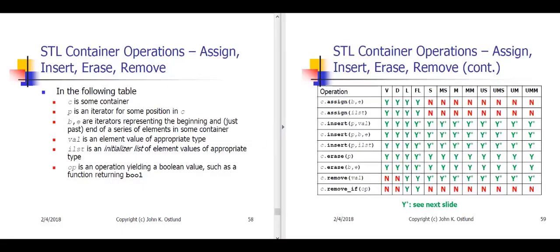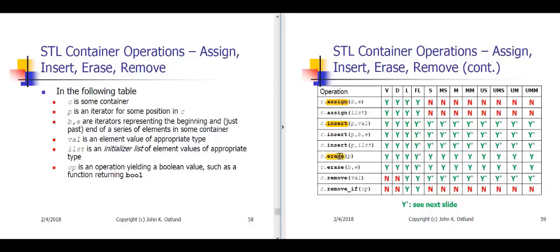Okay, here in this table on slide 59, we're showing how to assign collections of values to a container, which will also have the effect of eliminating all of the values that the container used to contain. We're seeing how to insert a value or a collection of values into a container, which may move around but otherwise will leave unchanged the values that currently exist in the container.